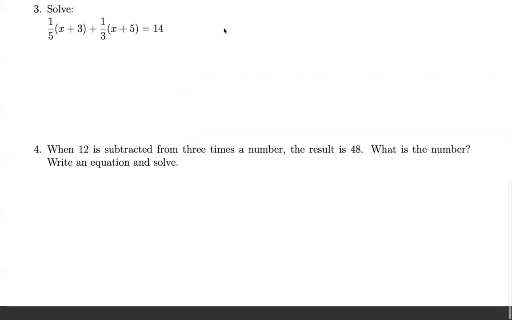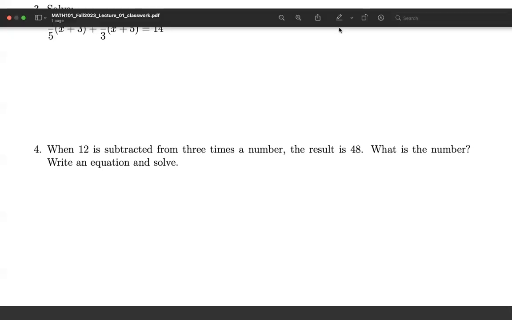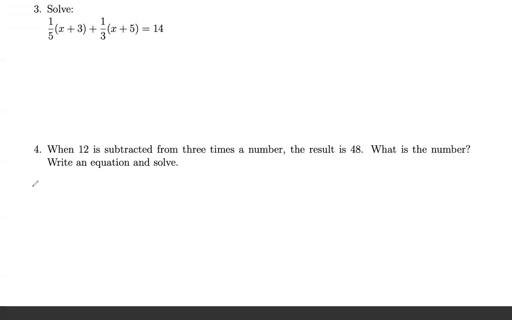Let's see 4. 4 is a word problem. So we need to translate the words into mathematical equations. So let's see: when 12 is subtracted from 3 times a number, let's call this number x. All right, let's translate this language. 3 times a number, that's 3x.